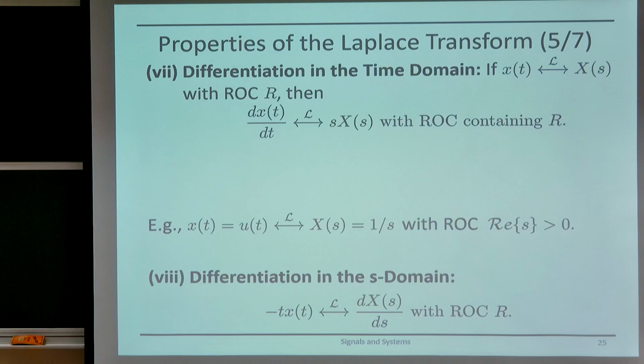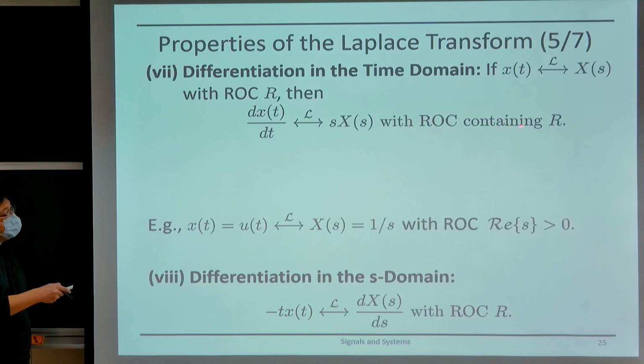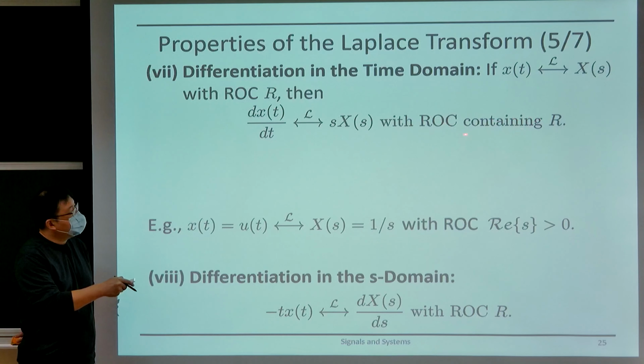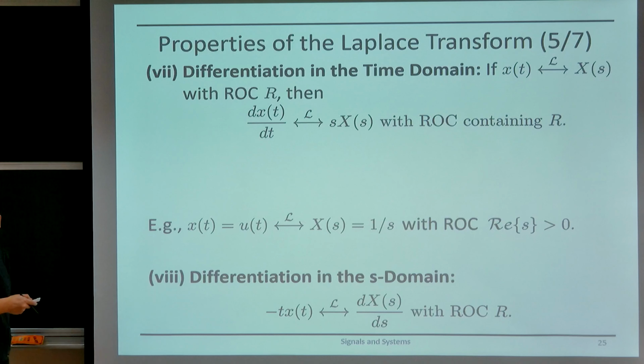The ROC should contain R, because for this to hold, X of s must hold, which means that s must belong to R. But it can potentially be larger.